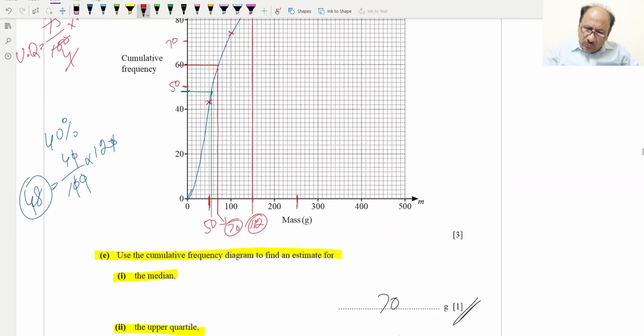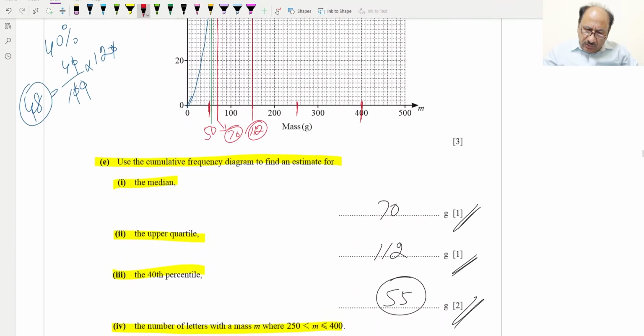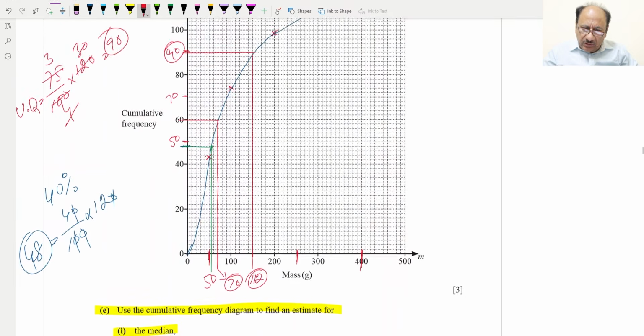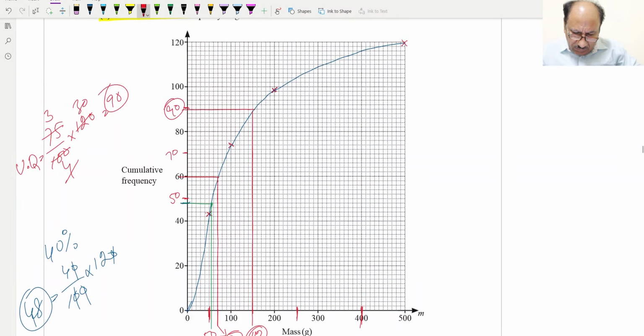So 400 will be this one, and if we join these references with the curve like this, and from here also we can join over here, this will be basically our portion which we are looking for.